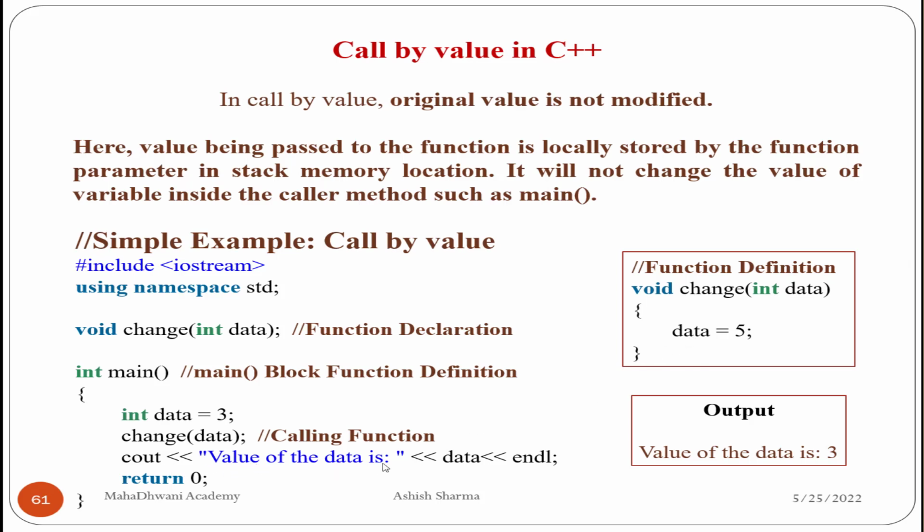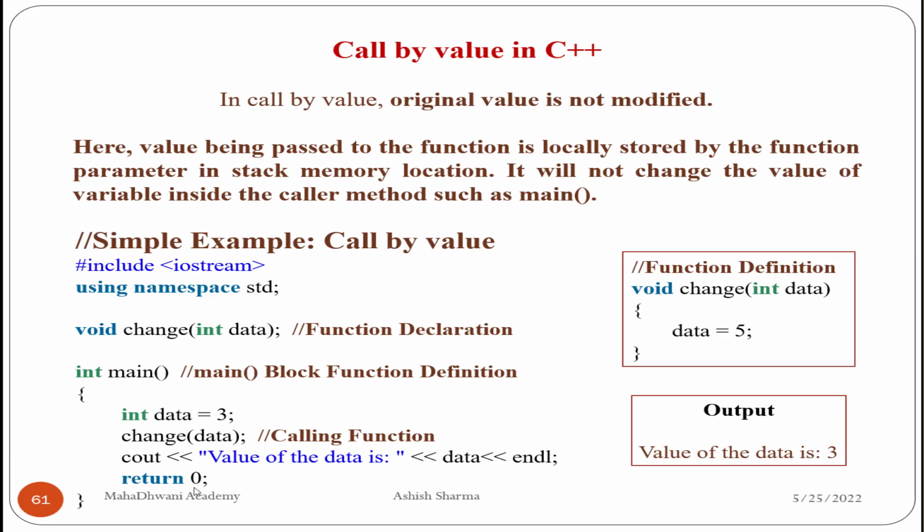See, output value of data is, again we receive the value 3 because it is not modified to 5. Actually it is virtually modified. It is only modified inside the definition section. When the scope of this execution is finished, the value is originally 3 again. So now the value of the data is 3. This is the output of this program.